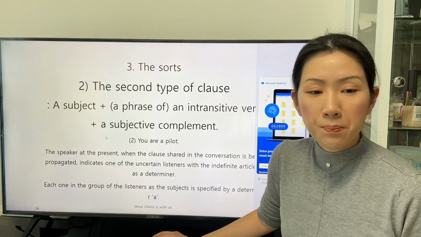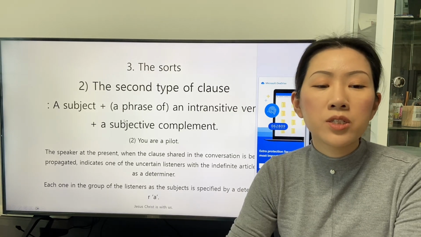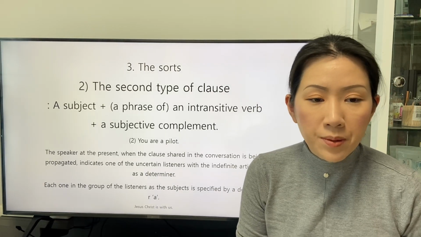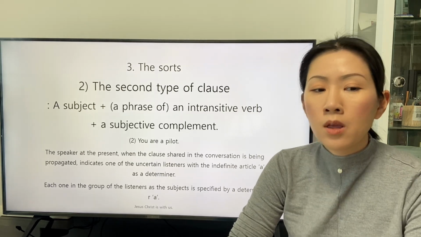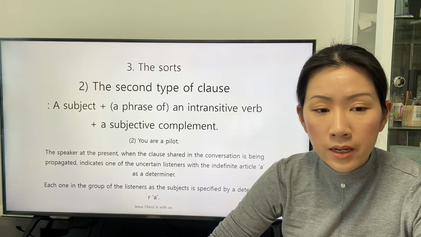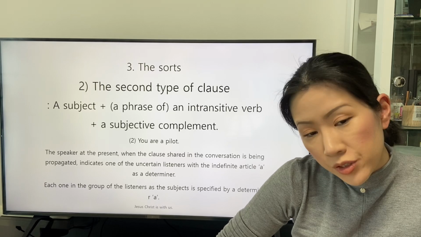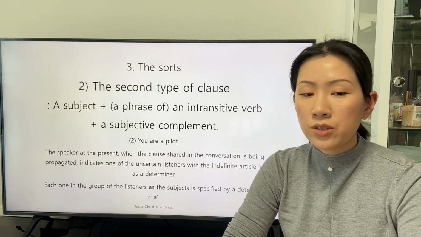The speaker at the present, when the clause shared in the conversation is being propagated, spread, indicates one of the uncertain listeners with the indefinite article "a" as a determiner.